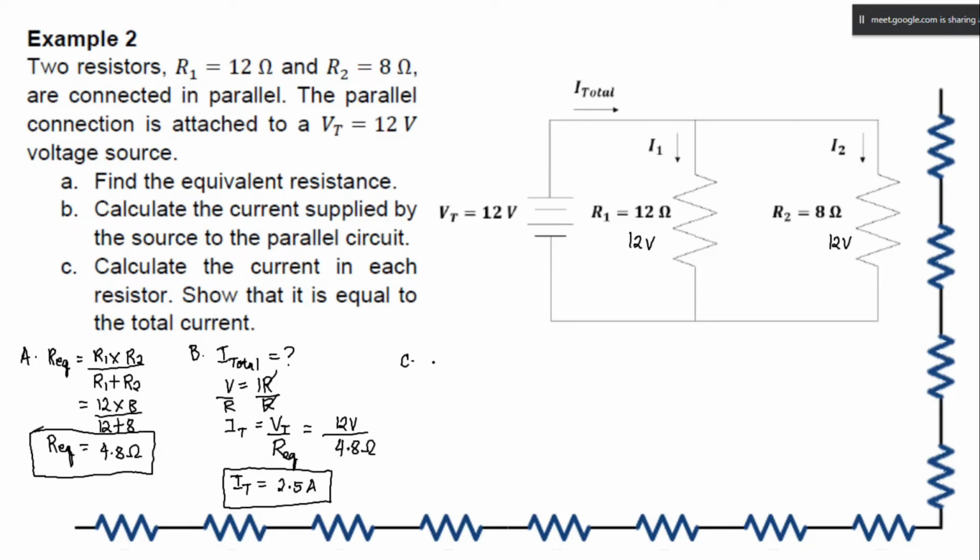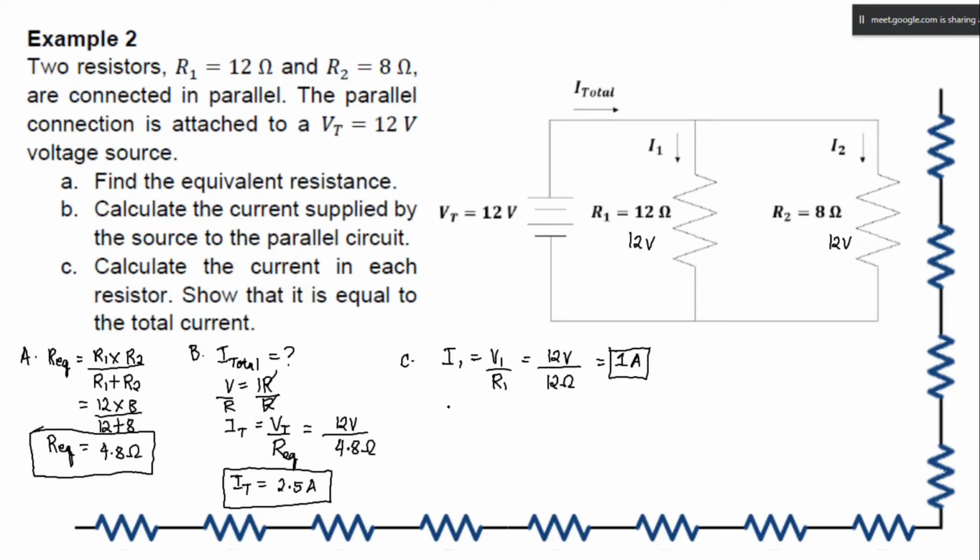So we have to calculate the current in each resistor. So for I sub 1, we have the formula V sub 1 over R sub 1. So substitution, V sub 1, that is 12 volts, and our R sub 1, that is 12 ohms. 12 divided by 12, that is 1 ampere.